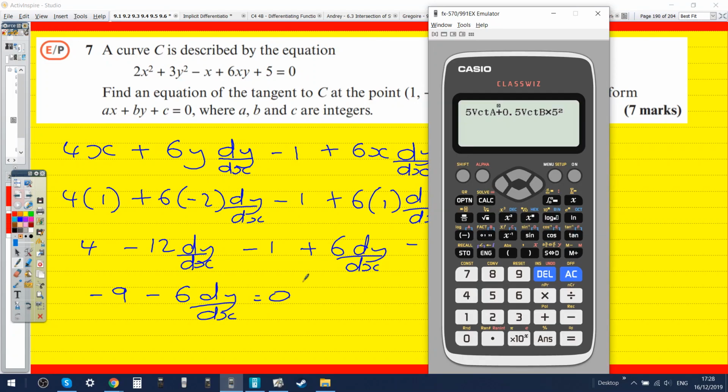And then 6 dy by dx is equal to minus 9. So minus 9 over 6 is minus 1.5.